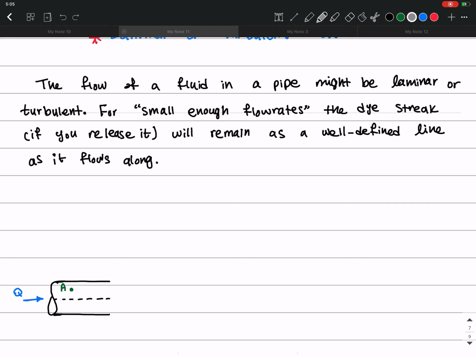Okay, let me show it here. This is what we call a laminar flow, because we have this well-defined line here.